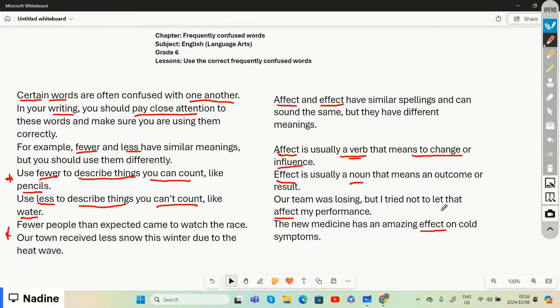But now if we use the word less, less is there to describe things that you cannot count. So fewer we use to describe people or things that you can count, and less is used to describe things that you cannot count.